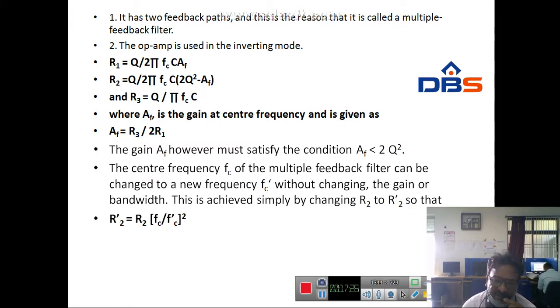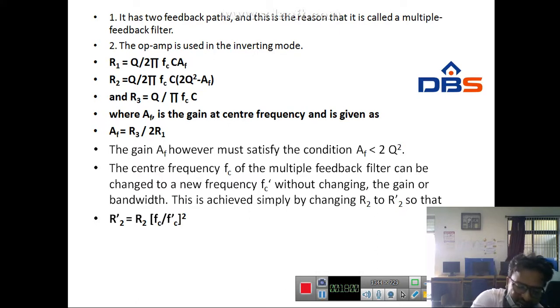This is achieved simply by changing R2 to R2 dash. R2 dash is equal to R2 into Fc by Fc dash whole square.